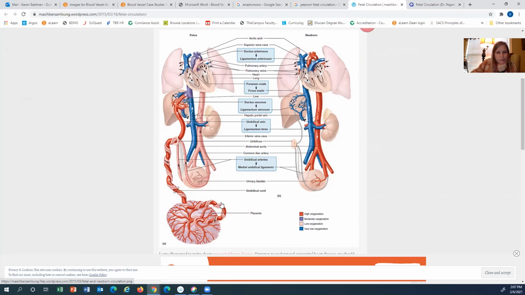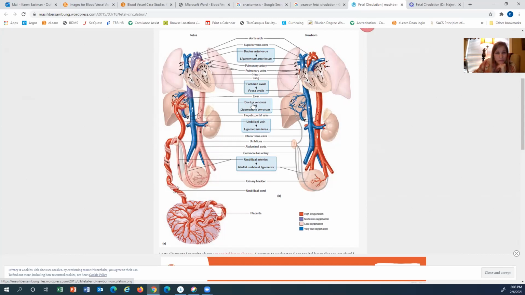So again, bringing in oxygen, the umbilical vein goes in, and this umbilical vein is going to go up to the liver. And the umbilical vein is going to turn into what we call the ductus venosus.